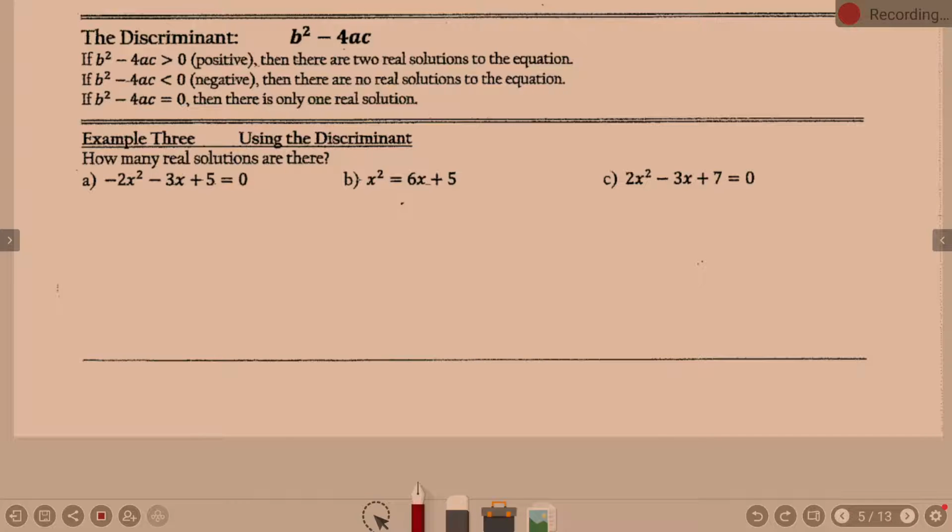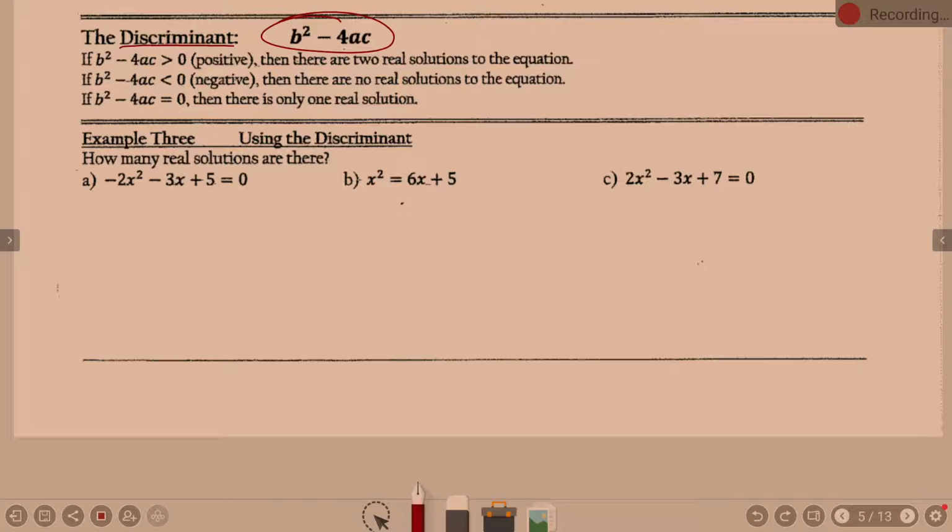Okay? So the discriminant is this specific portion of b squared minus 4ac. In other words, b squared minus 4ac is the part that's under the radical, under the square root. And so that b squared minus 4ac is called the discriminant. And that discriminant can help tell us how many answers you're going to get.